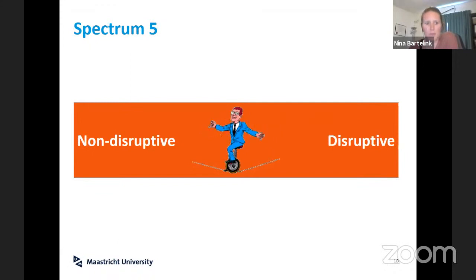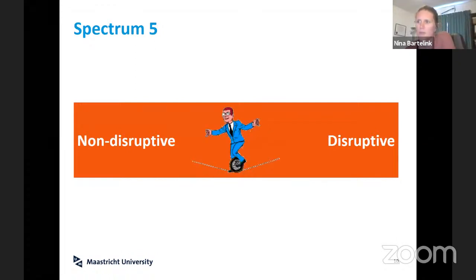The fifth spectrum is the disruptiveness of the health promoting interventions as part of the health promoting school approach. When you lean towards the left side, you have the non-disruptive changes. They kind of smooth in, like how we say in Dutch, the low-hanging fruit.